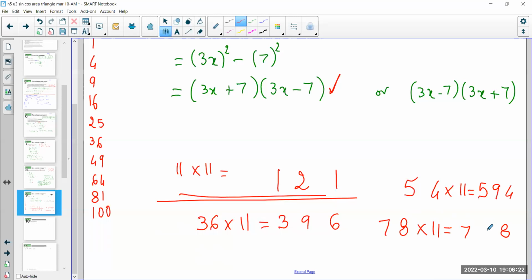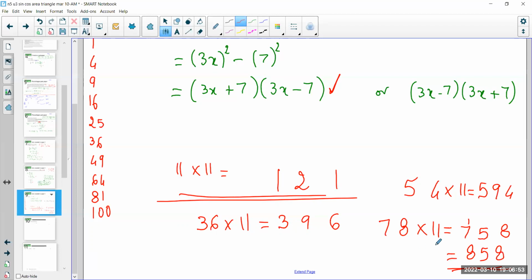Oh, so Beth, what's going to happen is this. 7 plus 8 is 15. You put the 5 and you make a remainder 1. So what is 7 plus 1? 8. So it's 858. So now you know how to times by 11, even bigger numbers. You can try it, 78 on your calculator times 11, 858.